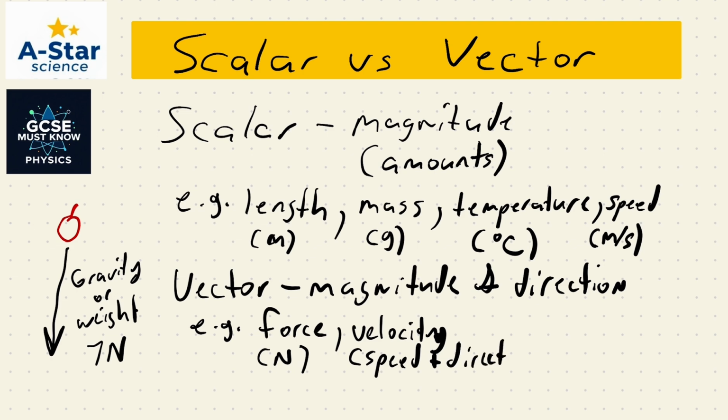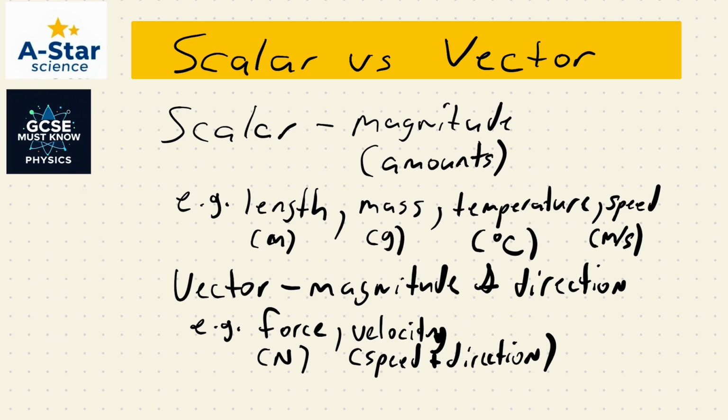Now, this is really important. For example, in aircraft, as we know, they can go up, down, sideways, all different directions. And so the airline industry and the air traffic controllers need to ensure that airplanes do not come into contact with each other. So understanding their velocity would be very important.